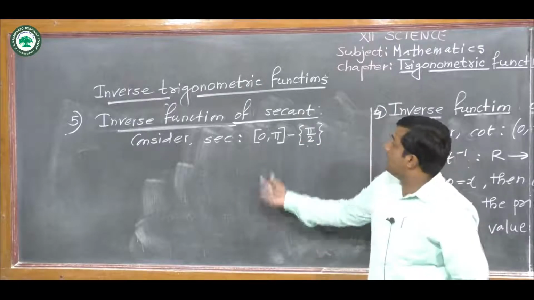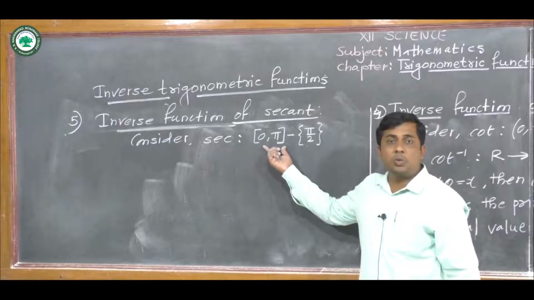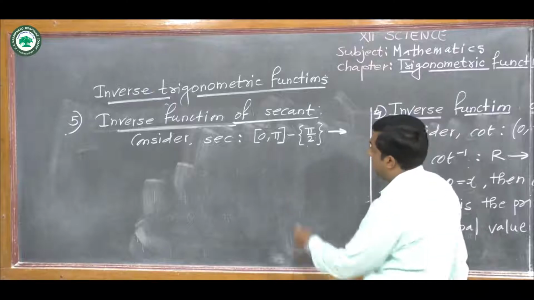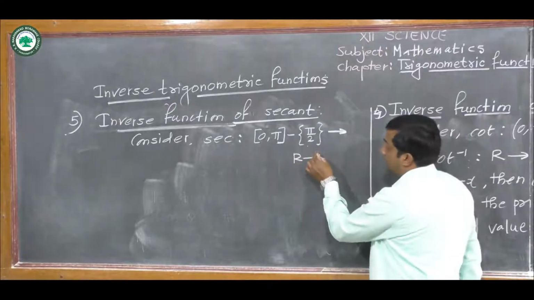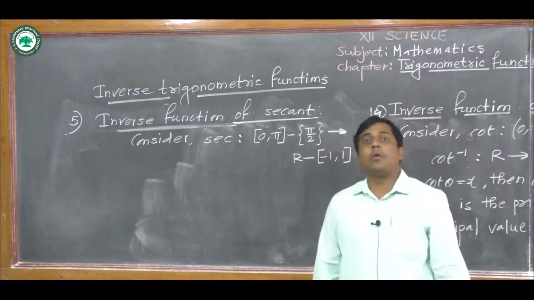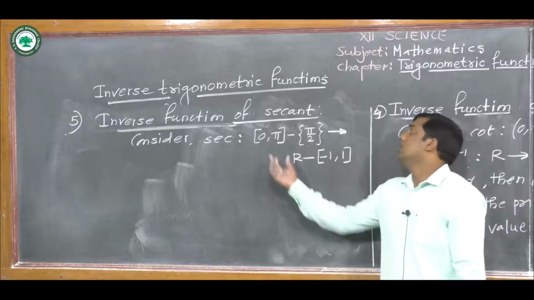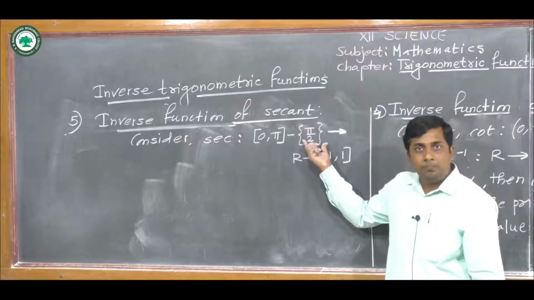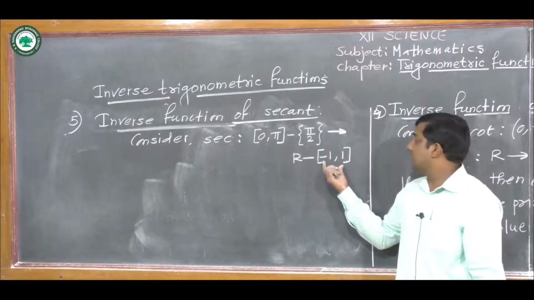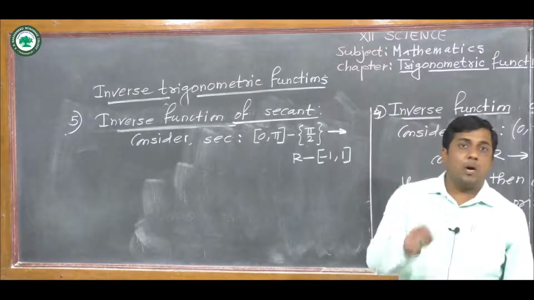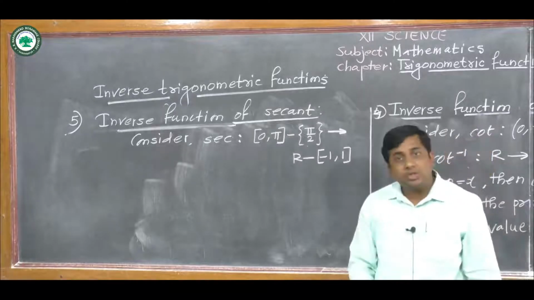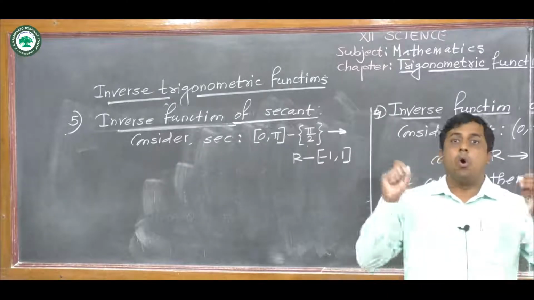So this is the function from the closed interval 0 to pi minus pi by 2 to R minus the closed interval minus 1 to 1. The domain for the given trigonometric function is the closed interval 0 to pi minus pi by 2, and the range is R minus the closed interval minus 1 to 1. By considering the domain and range, we say it is 1-1 and onto.